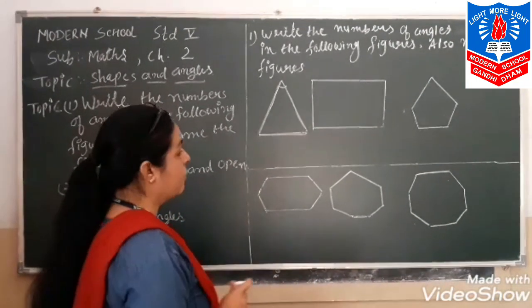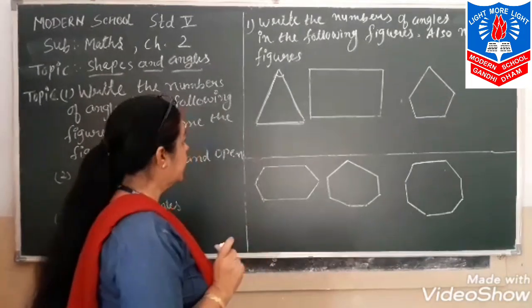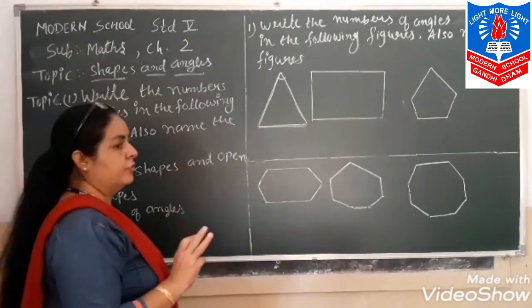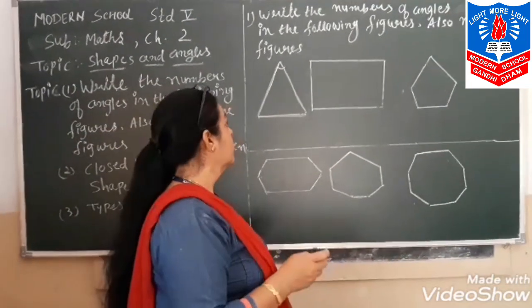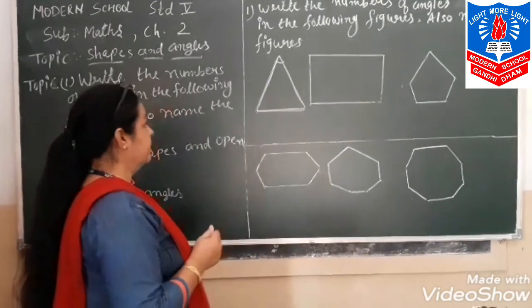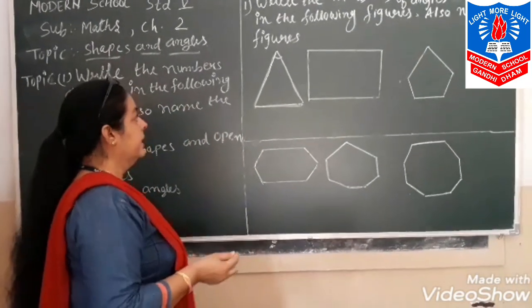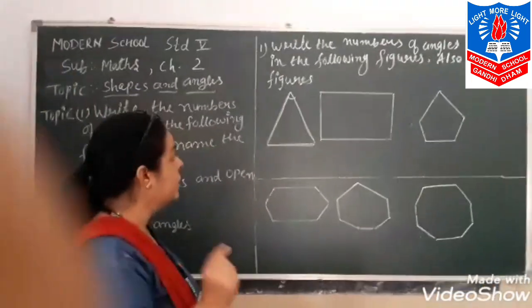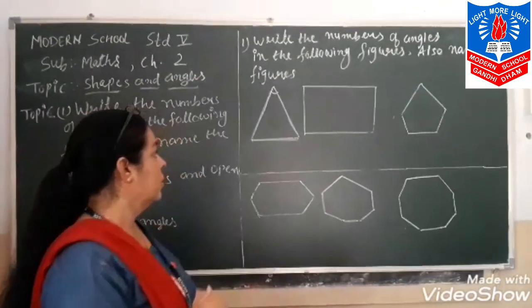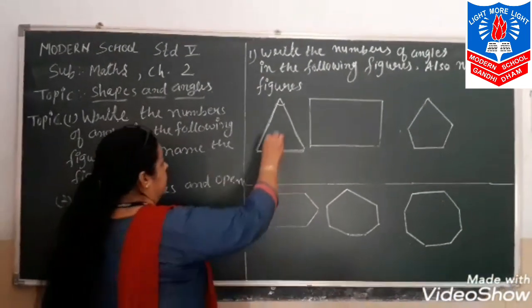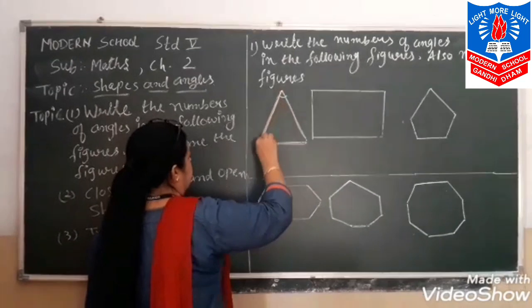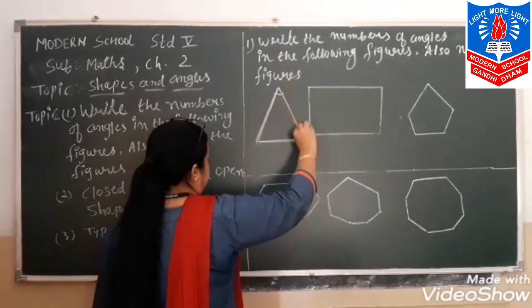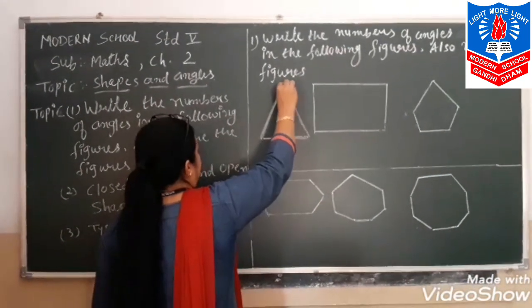Then I explain to you what an angle is. Angle means if 2 rays, 2 line segments or 2 lines intersect at one common point, it is called an angle. See, here one line segment and second line segment meet at one common point.